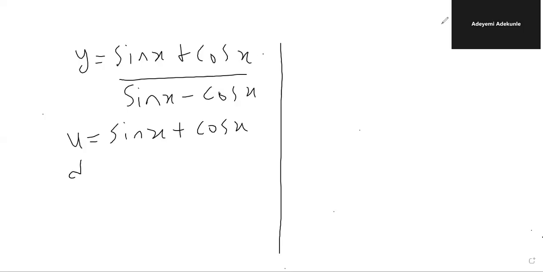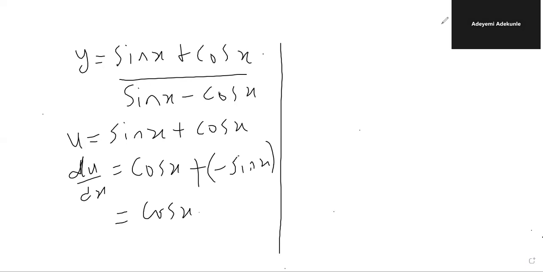So differentiating this now, du over dx will be: differentiate sine x, that will be cos x, minus differentiate cos x. Don't forget, if you differentiate cos x, that's minus sine x. So we have cos x minus sine x as the derivative of u.